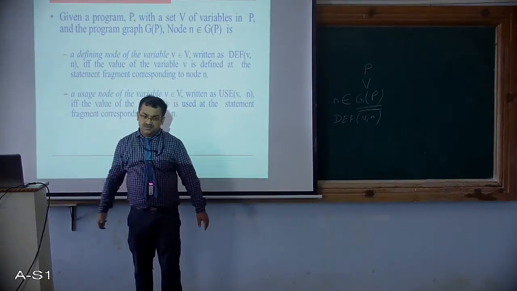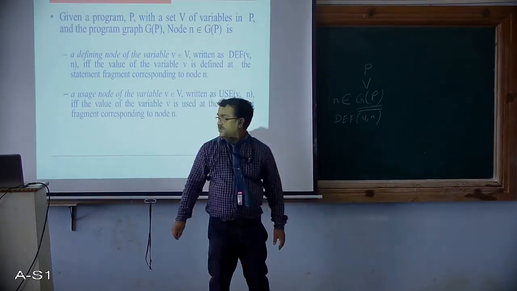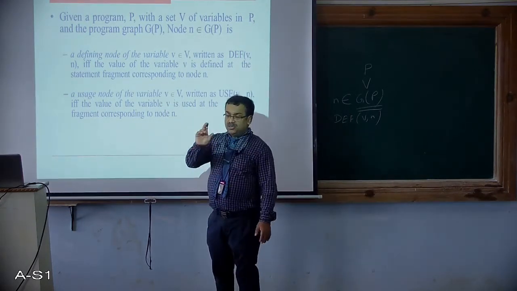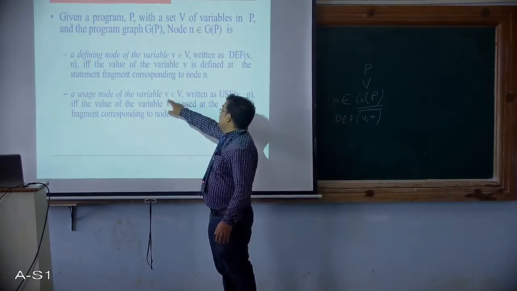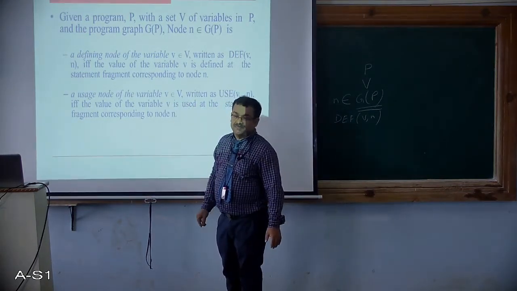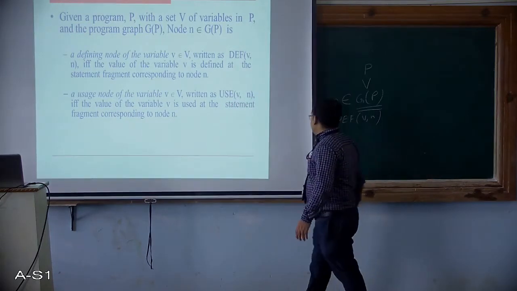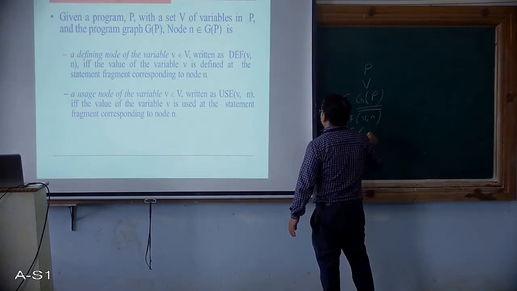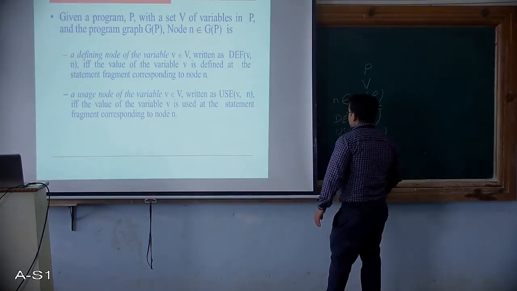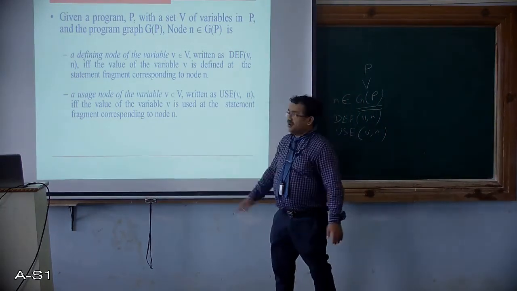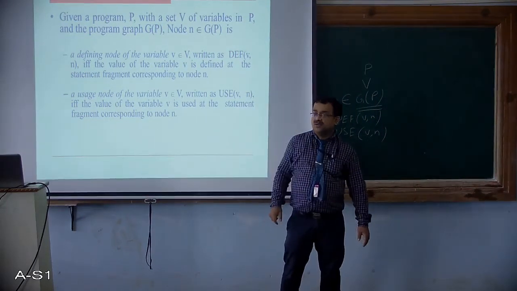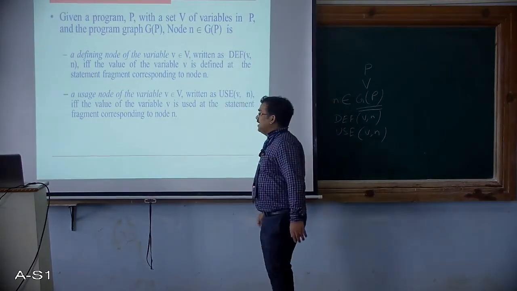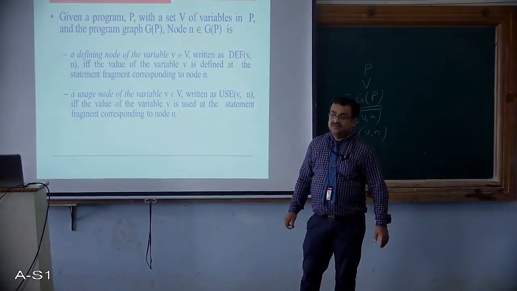There is another kind of node for every variable in the program graph, that is the usage node. The usage node of the variable v that belongs to V, where capital V is the set and small v is a particular instance of that set, is written as USE(v, n). It is defined if and only if the variable v is used at the statement fragment corresponding to node n.